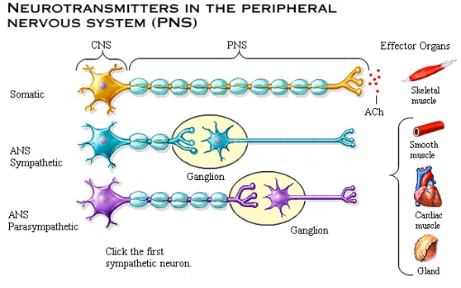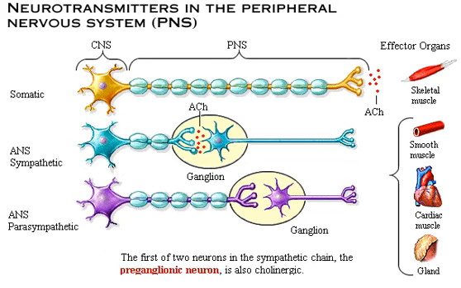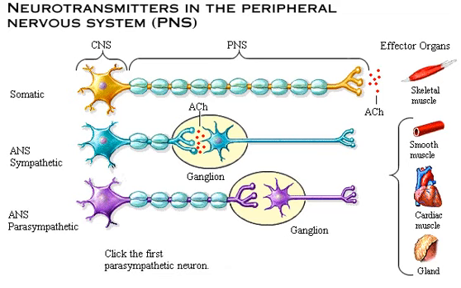Click the first sympathetic neuron. The first of two neurons in the sympathetic chain, the preganglionic neuron, is cholinergic. Click the first parasympathetic neuron.